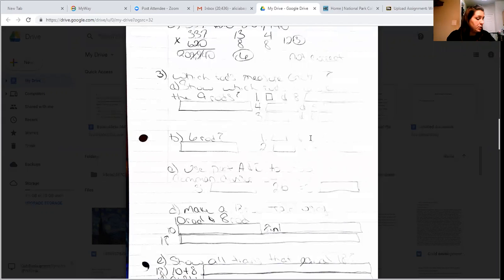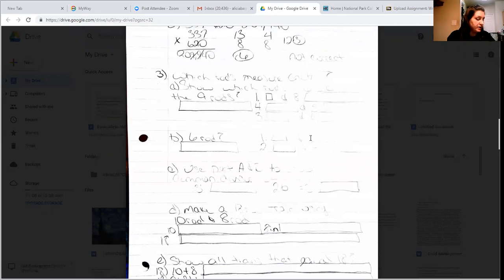On B, rod 6 would be 1 and 5 is 6, and 4 and 2 is 6. Use part A and B to show the greatest common divisor of 9 and 6. 3 is the greatest common divisor of 9 and 6.